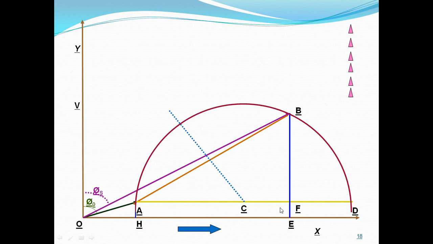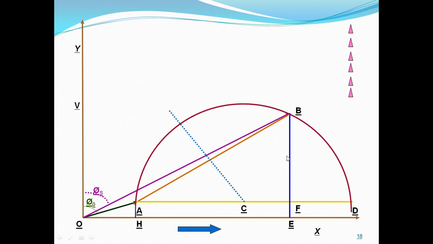So AH is equal to EF. Now BF represents both stator copper losses and rotor copper losses. As we told, both are equal.